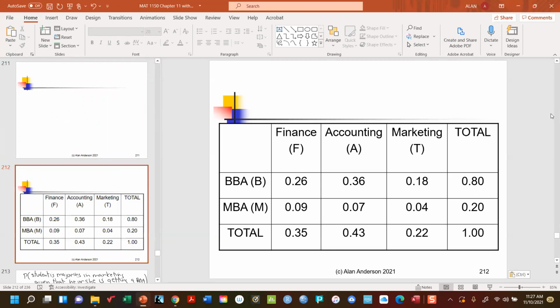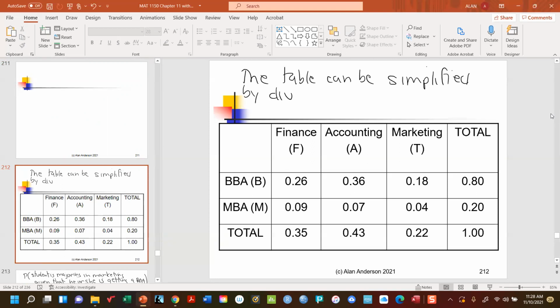The table can be simplified by dividing all the numbers by the total of 500.